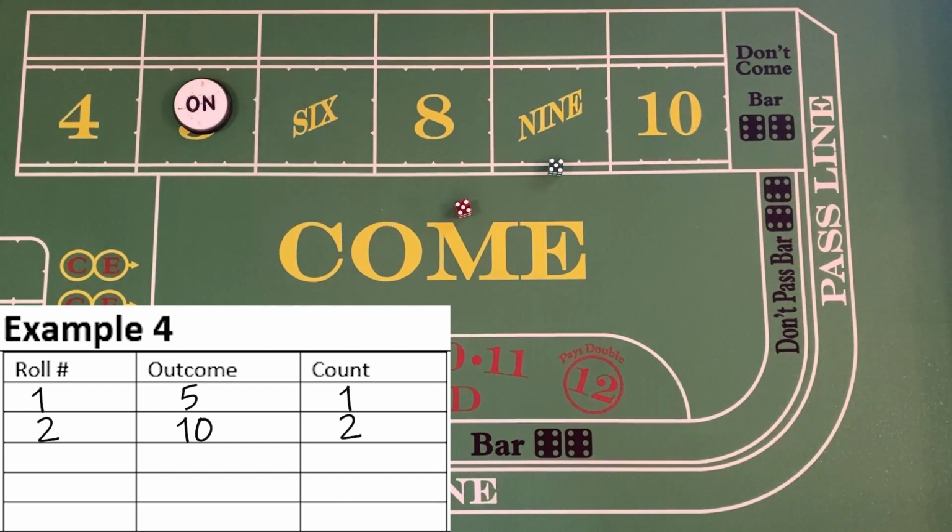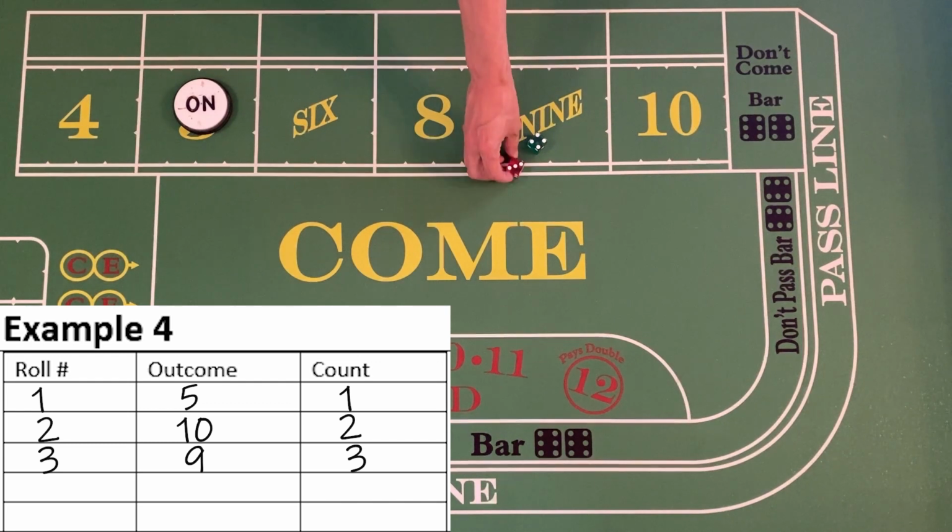Now remember, rolls 2, 3, and 4. After we're at a count of 1, the next 3 rolls, regardless of the outcomes, are counts 2, 3, and 4. So the second roll, the count is 2. Let's say he throws a 9, that's roll 3, the count is 3. Now let's say, for example, on his 4th roll, he throws a 7.